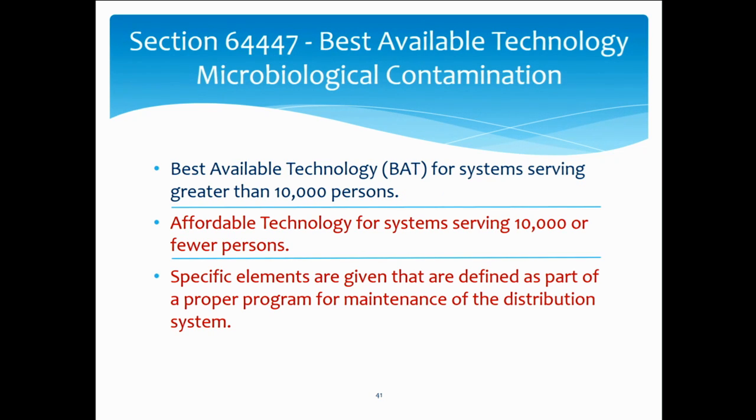Under best available technology, it's going to find affordable technology for systems serving less than 10,000. This is best available technology for the RTCR, not the TCR. And it defines specific elements that are part of a proper program for maintenance of the distribution system.